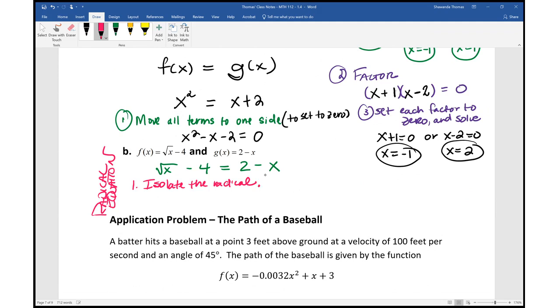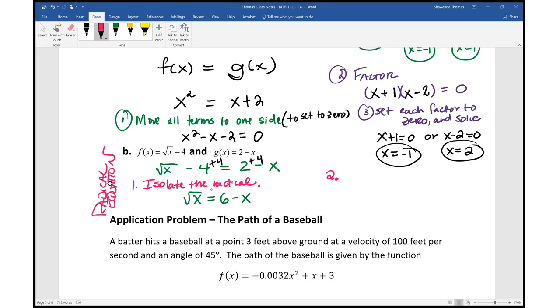Isolate means we want that square root of x by itself on one side. Therefore, we need to add 4 to both sides. We would get the square root of x equals 6 minus x. Now we need to get rid of that radical.